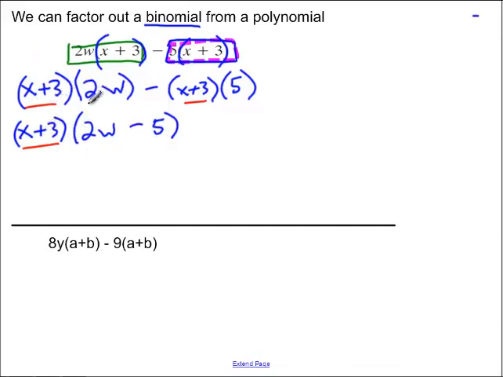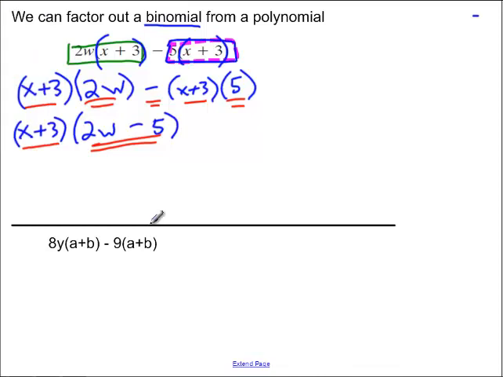What's left? 2w minus 5. Right there, 2w minus 5. That said, I'm going to ask you to pause the video, work through this next one yourself, and we'll see what kind of answer we get.